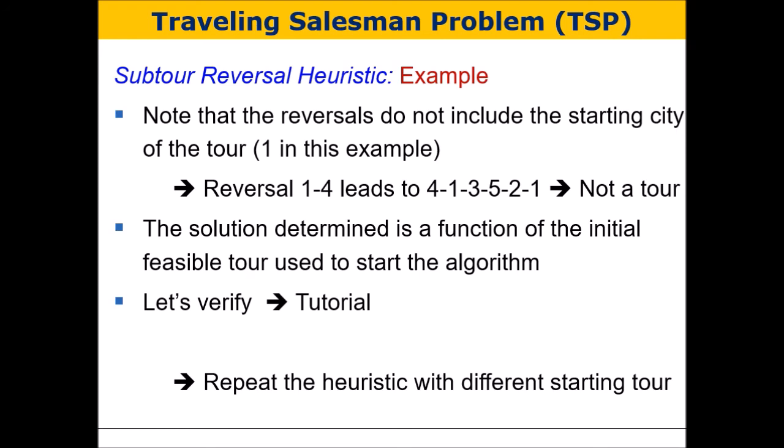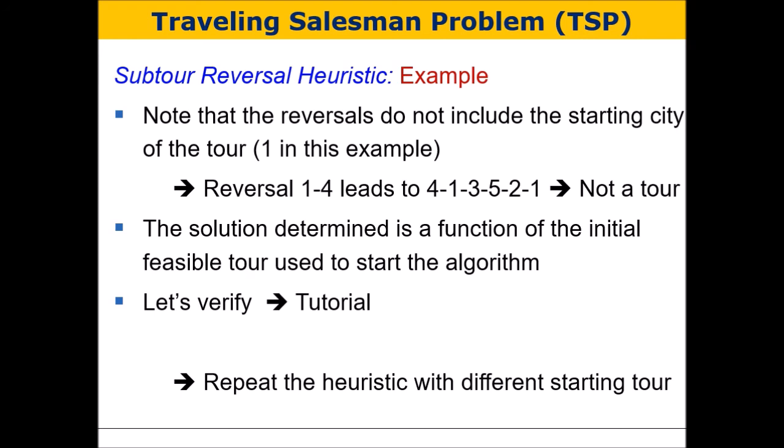Calculate the objective function value for each of the new solutions that you obtain by reversing 2 cities, 3 cities, and 4 cities, and compare your final solution with the initial solution and determine the best one, and then compare this final solution with the solution that we obtained here, starting with the given solution.